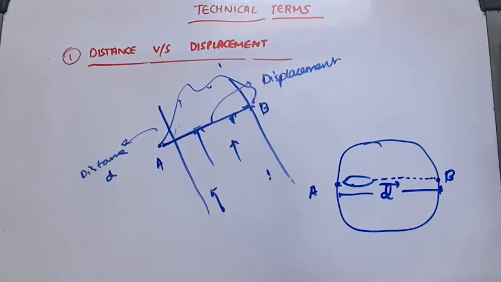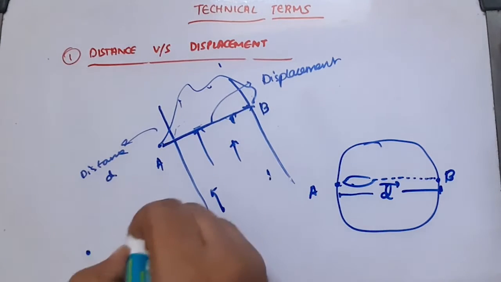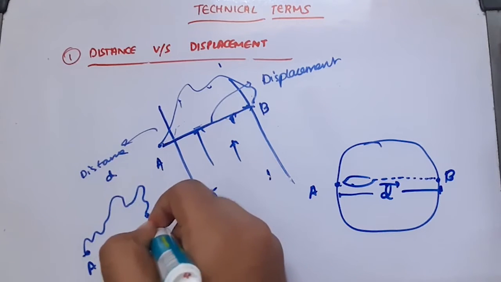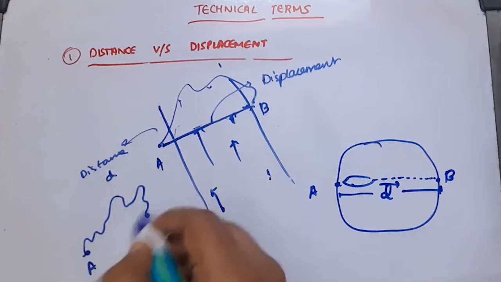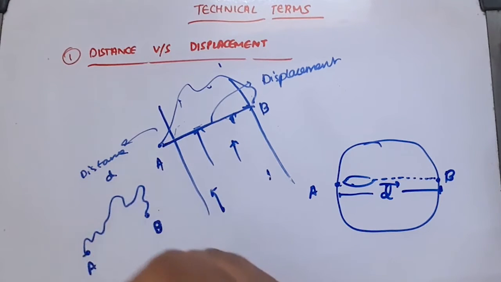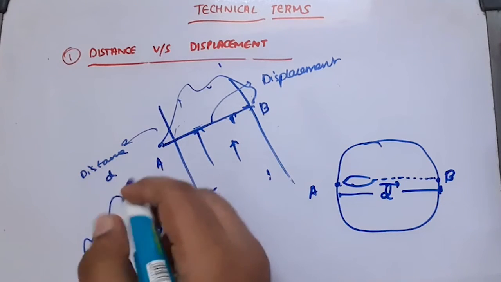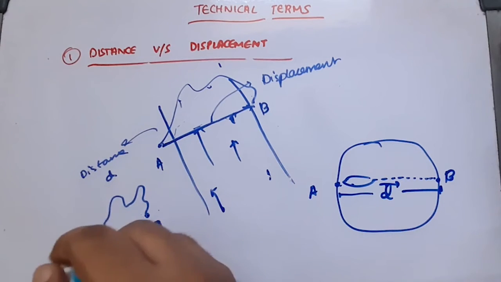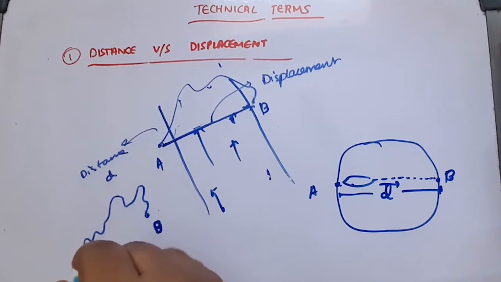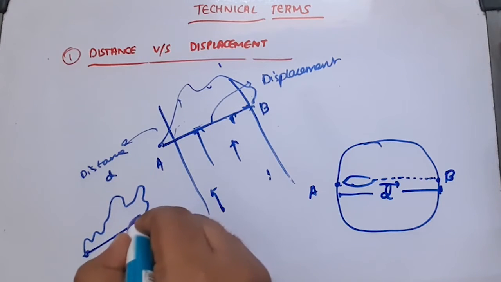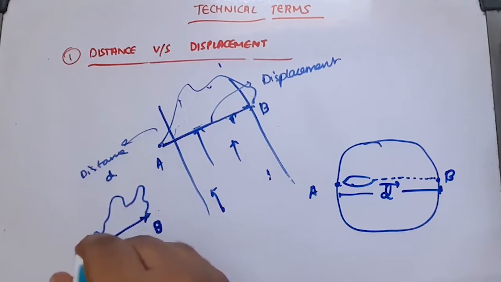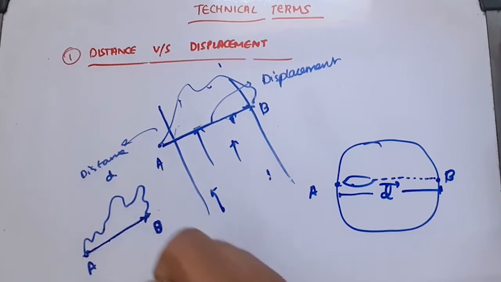Let's say I have to move from this point to this point, A to B, and I follow this zigzag path. Let's say a drunkard is moving from bar A to bar B, and he follows this zigzag path. On the other hand, a policeman, who is there to catch the drunkard, starts from bar A and moves directly to bar B, and he will reach in a shorter time.